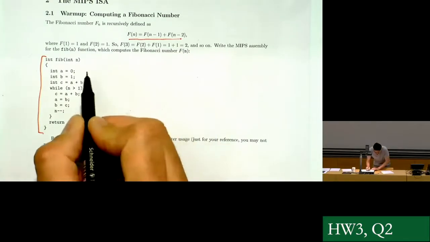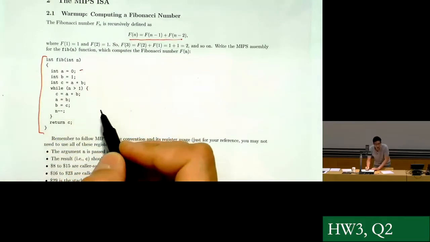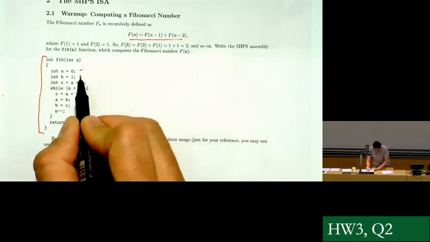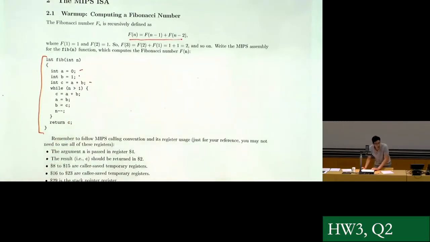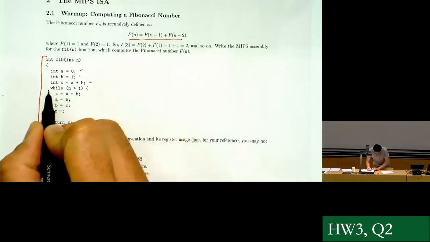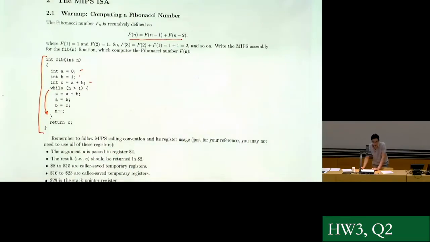As you can see, we have 3 variables. A is originally equal to 0, B is equal to 1, and this is C, which is equal to A plus B. And then we get into this while loop that will be repeated n minus 1 times.